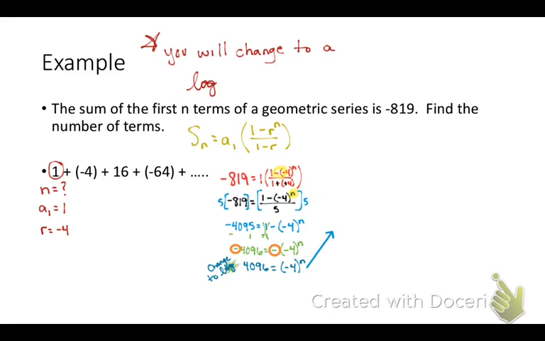So going off of what we did with logarithms and exponentials, how can I rewrite 4,096 equal to negative 4 to the nth power as a logarithm? Log base what? What's my base? Negative 4 of, what's my of number? 4,096 equals n.